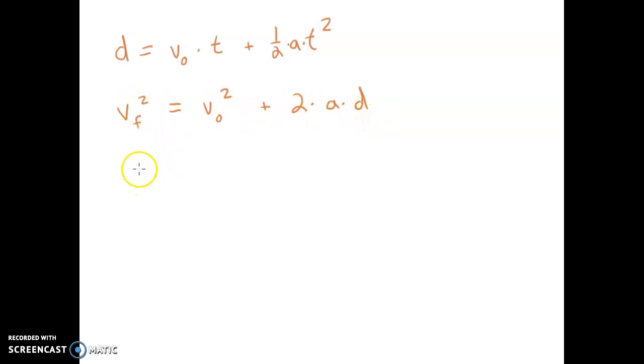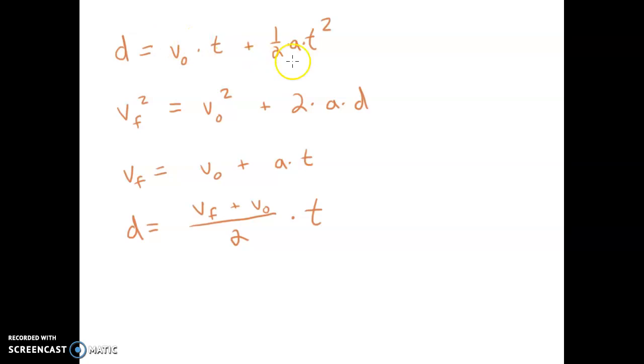So let me go ahead and write the other 2 so you can see this all at once. These are our 4 big kinematic equations.